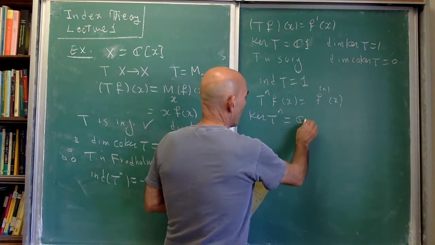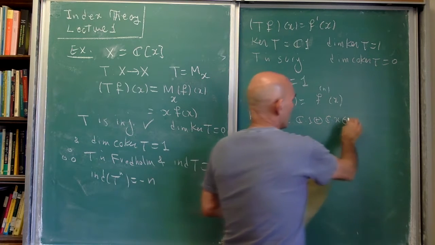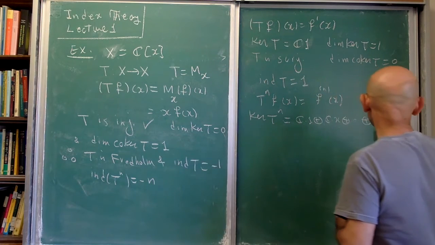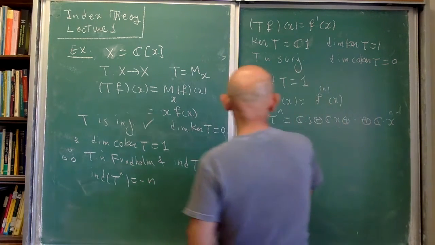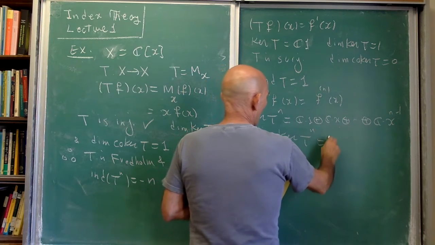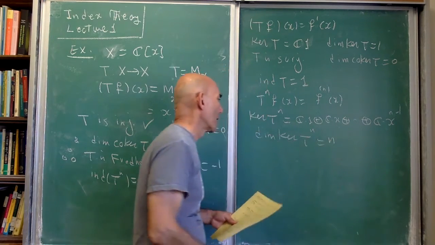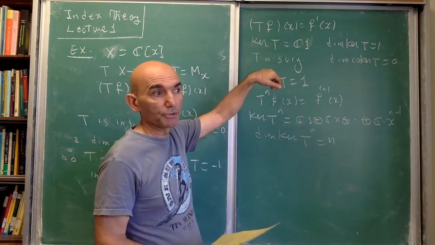So this is C_1 plus C_2 x plus up to C_n x^(n-1). So the dimension of the kernel is equal to n. But again, because T is surjective, T^n is also surjective.